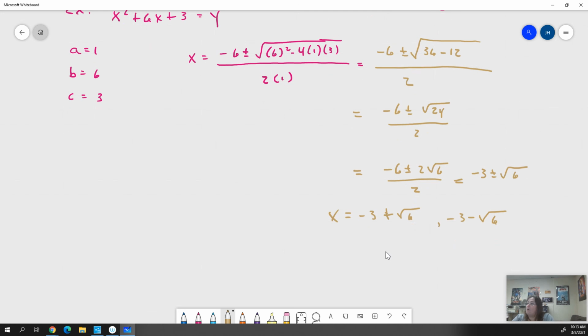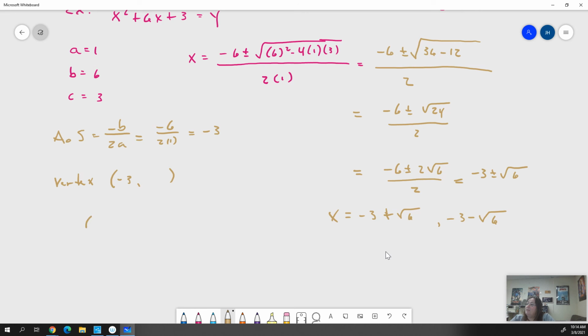Now we need to find our axis of symmetry, which we just need our AOS, which is minus b over 2a. Well, that's just minus 6 over 2 times 1, or negative 3, right? So we've got that part of the axis of symmetry already. To find our vertex, we know the x value is negative 3. We need to plug it in and find what the y value is.